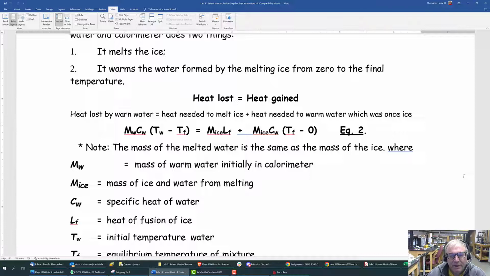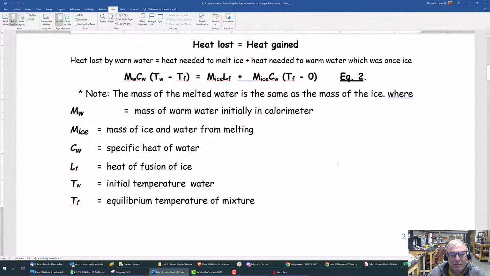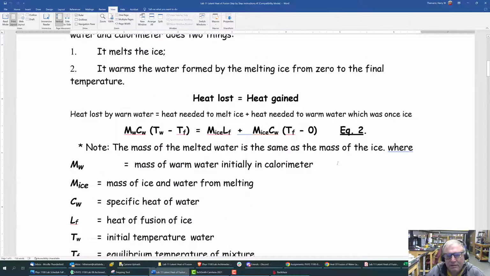And so that is the amount of calories to heat that bit of water. Of course, we're going to melt all of the ice, so we don't need to know. Since we're going to melt all of it, we're all covered.